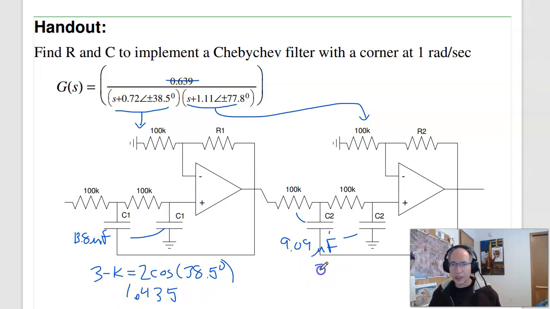Over here, 3 minus K is 2 cosine, and this is at 77.8 degrees. So K is 3 minus 2 cosine 77.8, which is 2.577.